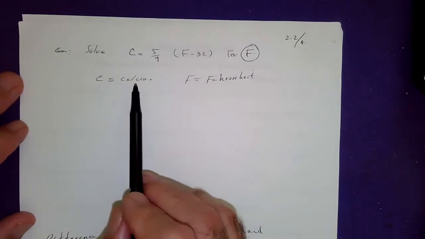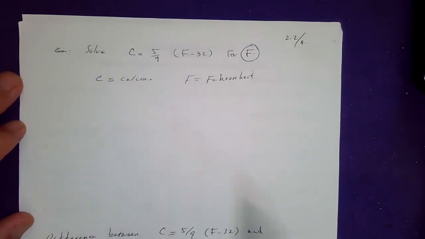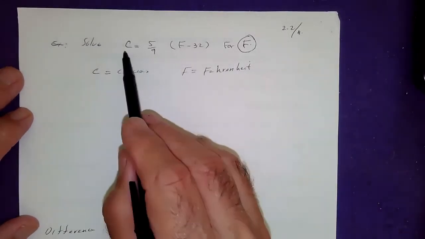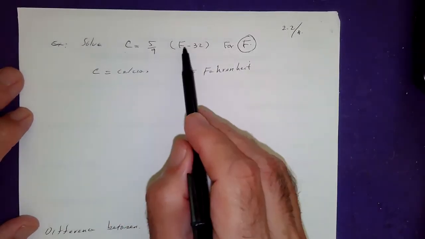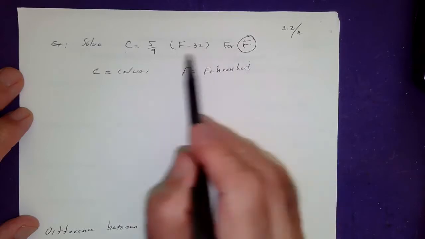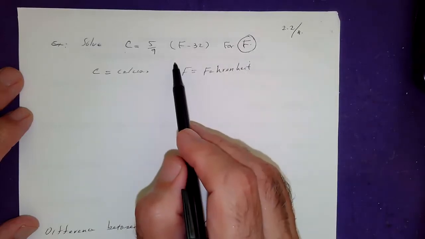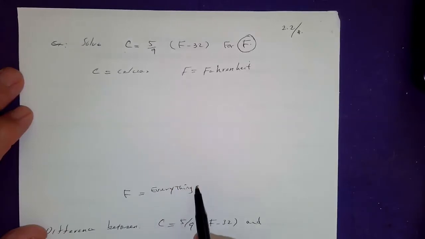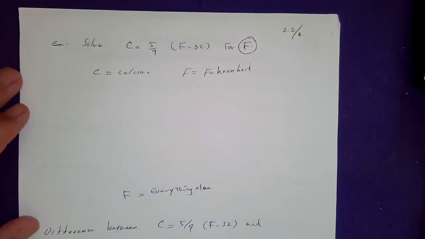Overseas countries, like European countries, measure the temperature in Celsius. So the question is, C is equal to 5 over 9 times quantity f minus 32. Can you isolate this equation for f? In other words, can you write f on one side, everything else on the opposite side?